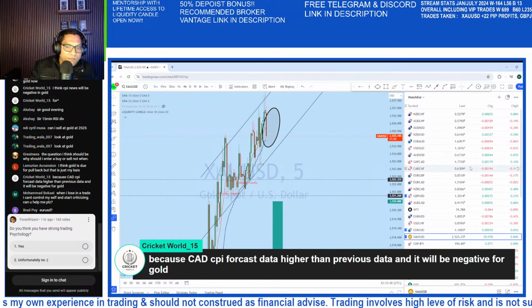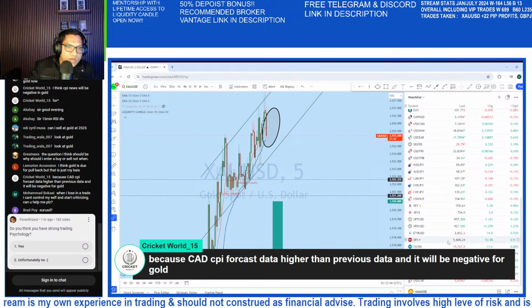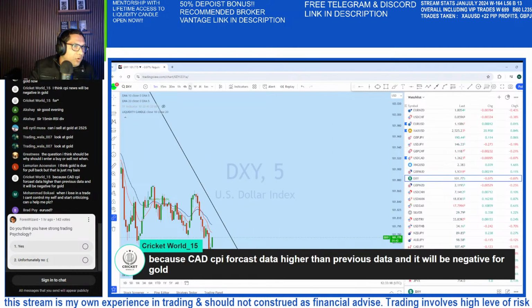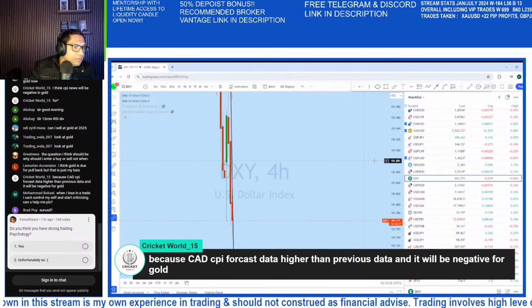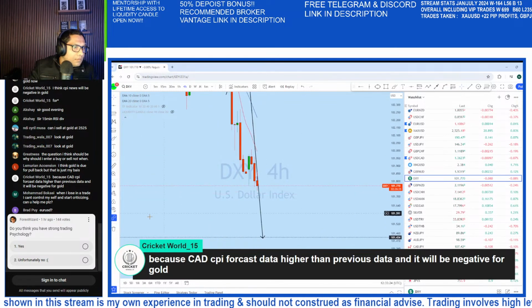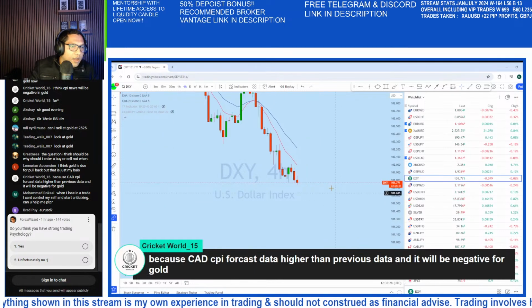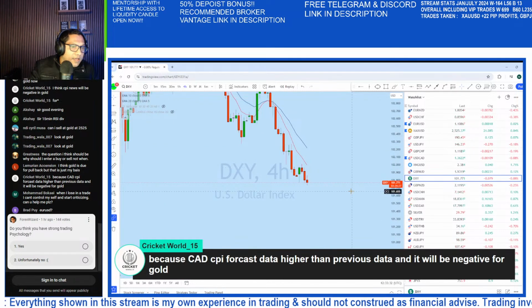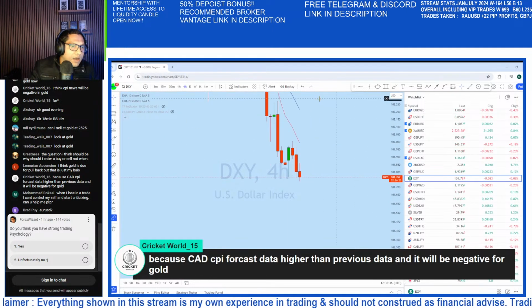Also important. Look at the DXY. You can see the DXY has a big drop, a pullback, and DXY is in a very nice looking downtrending market structure.